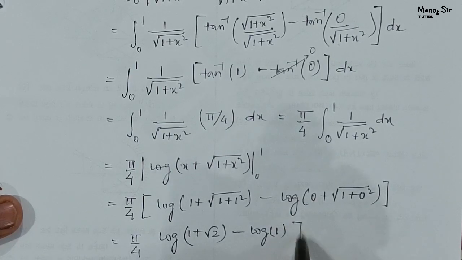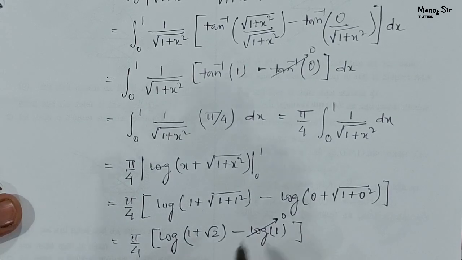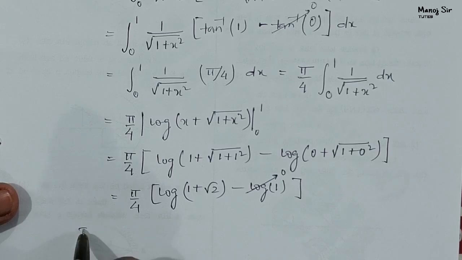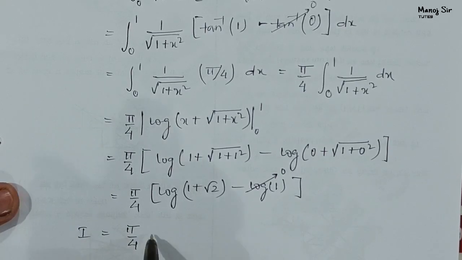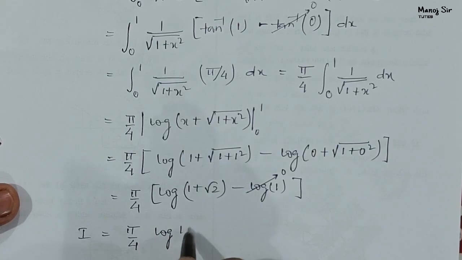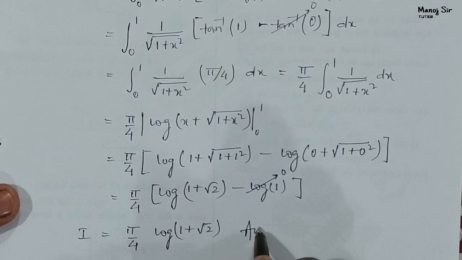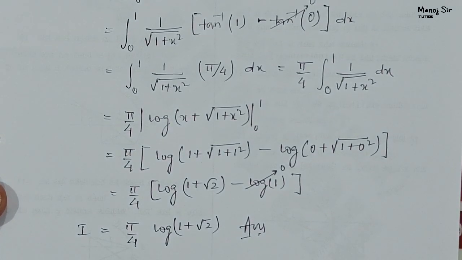Now closing the bracket, we again know that log of 1 will be 0. Log of 1 is always 0. So we can finally say that the value of I, that is the integration, is equal to pi by 4 log of 1 plus root 2, and this is my final answer. Thank you so much.